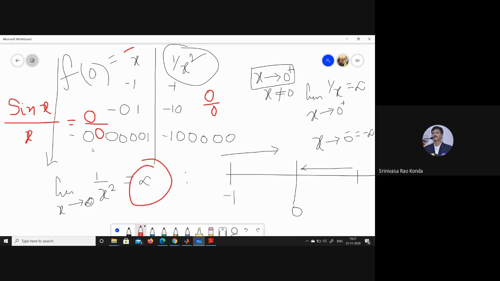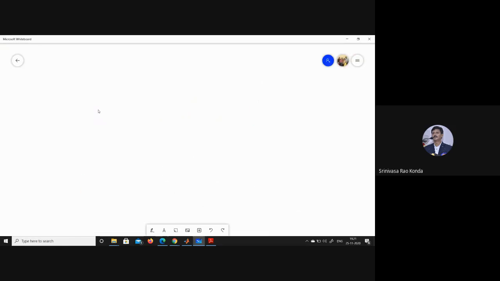That's why we tell in the lower classes, very elementary classes, when we define rational numbers, the numbers which are in the form of p by q, immediately we write q is not equal to 0.